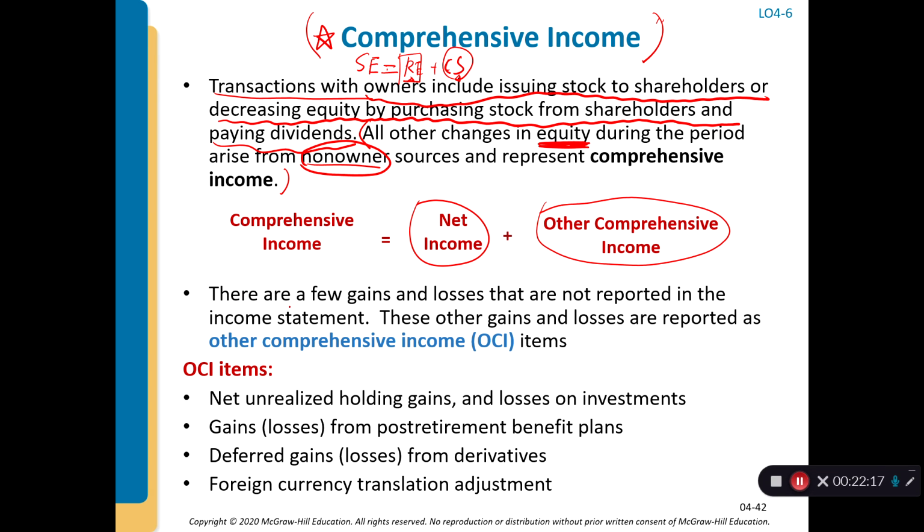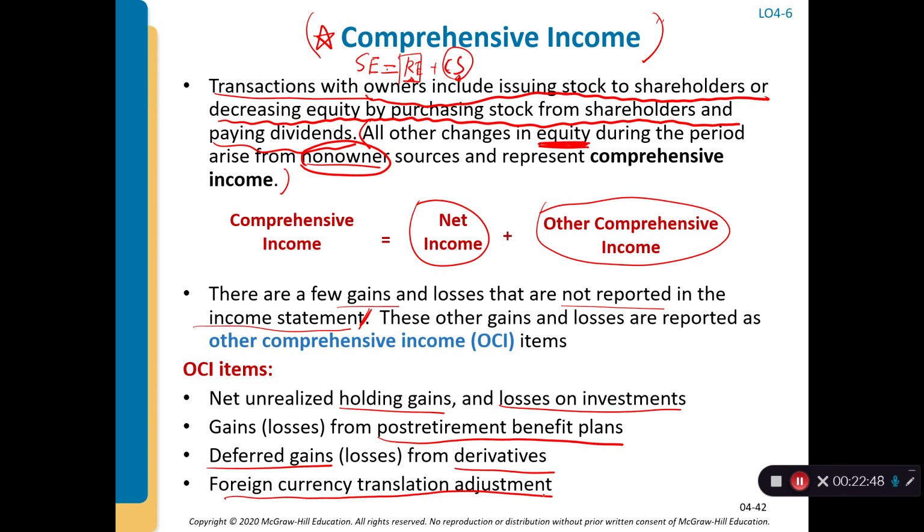There are a few gains and losses that are not reported in the income statement. These other gains and losses are reported as other comprehensive income items, such as net unrealized holding gains and losses on investments, gains and losses from a post-retirement benefit plan, deferred gains or losses from derivatives, and foreign currency translation adjustments.